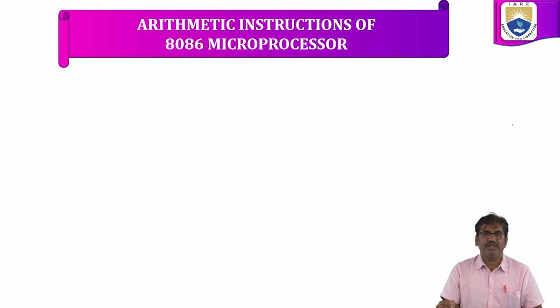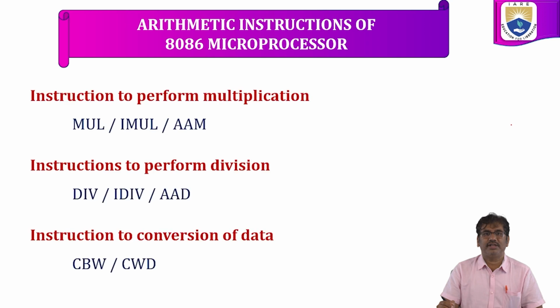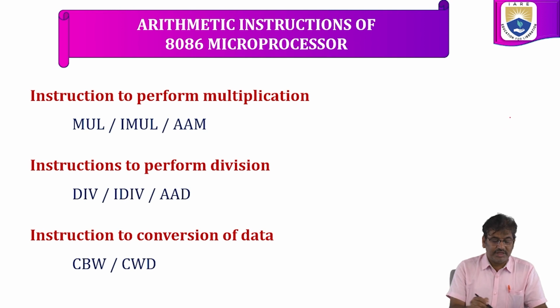Now we are going to see the left out arithmetic instructions related to multiplication, division and conversion of data. The instructions to perform multiplication are MUL, which is unsigned multiplication, IMUL, which is signed multiplication, and AAM, which is ASCII adjust after multiplication.